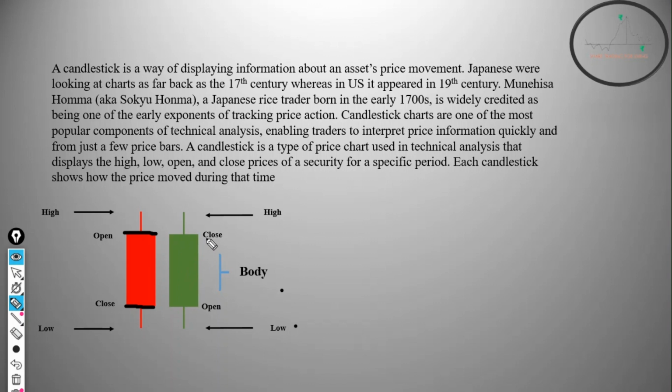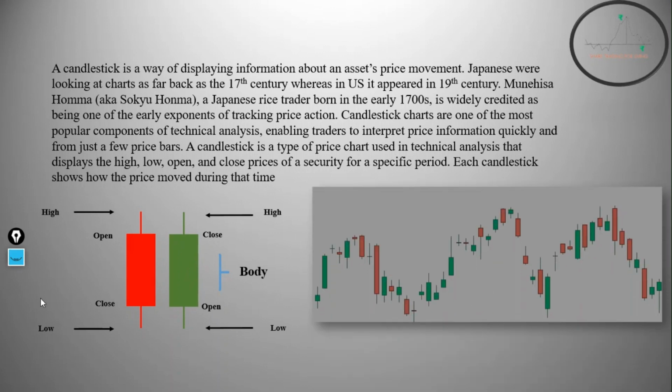And if we look into the chart, the chart is nothing but the formation of multiple candles in a go, which you can see in the given chart. If you understand the candlestick pattern, it will be easy for you to place a buy for any instrument or to place a sell for a particular instrument.